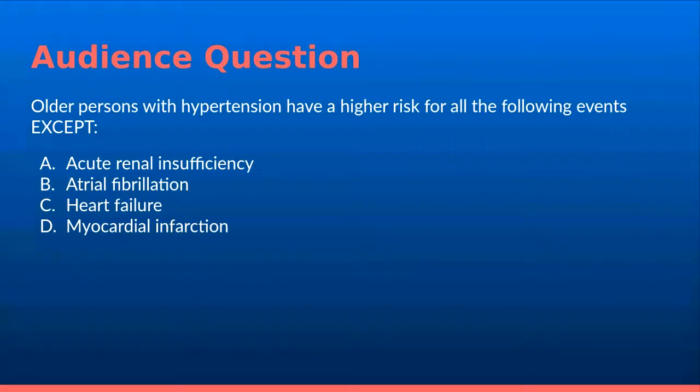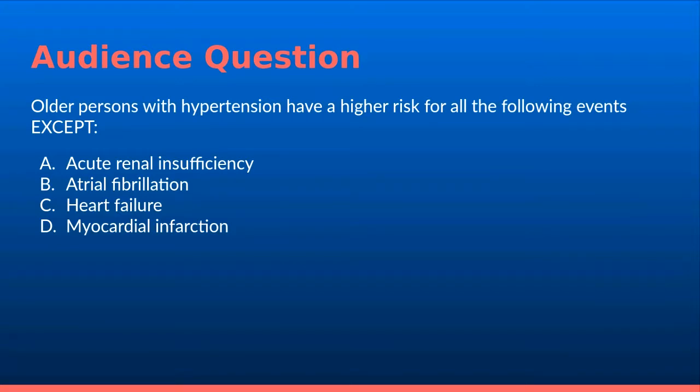So for an audience question, probably pretty easy. Older persons with hypertension have a higher risk for all following events except, and you can just type it if you know the answer. A, acute renal insufficiency.